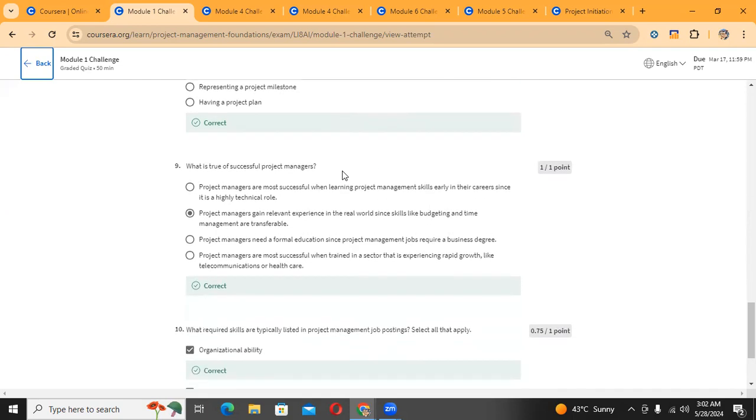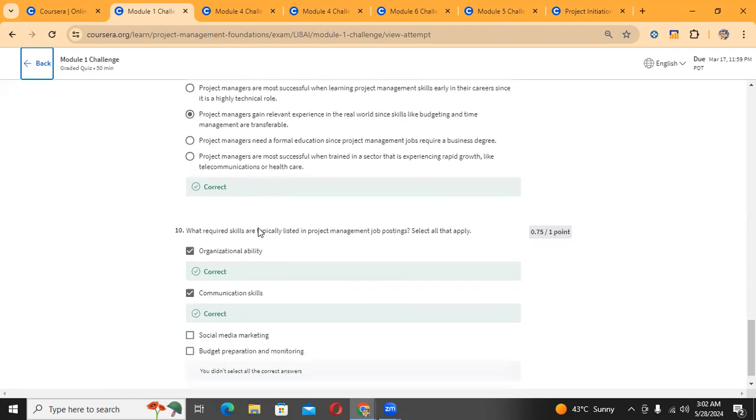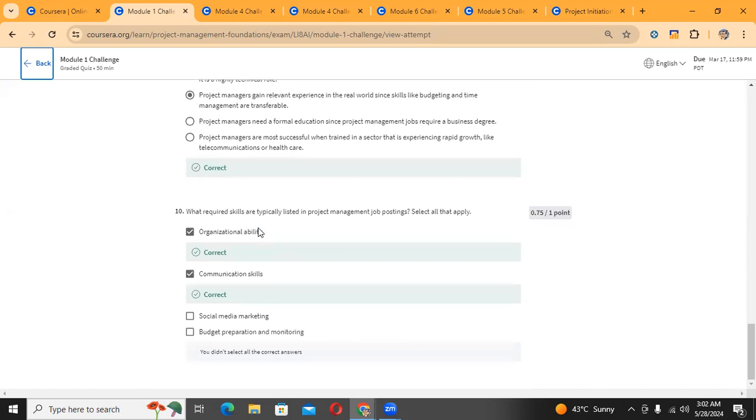In the ninth part, a successful project manager gains experience, so B is the right option. And the last one, what is listed in a project management job posting. So it is organizational ability, communication, and I didn't select the other correct option.